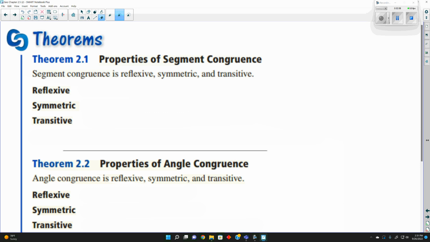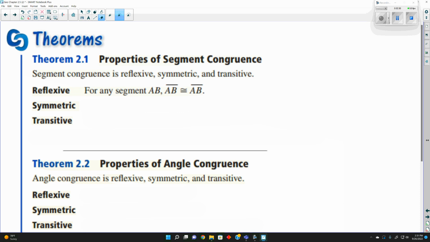That was the reflexive property of equality, because we said A is equal to A, or this measure is equal to this measure. For this here, we're talking about the properties of segment congruency. For the reflexive property, any segment AB is congruent to segment AB.